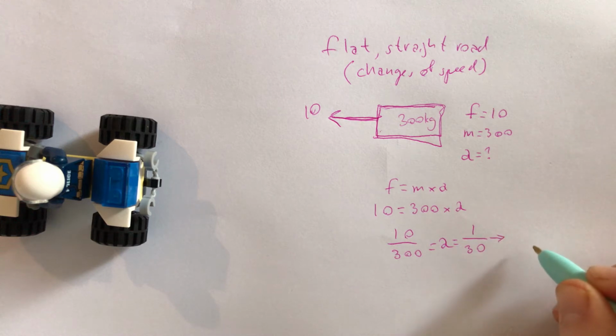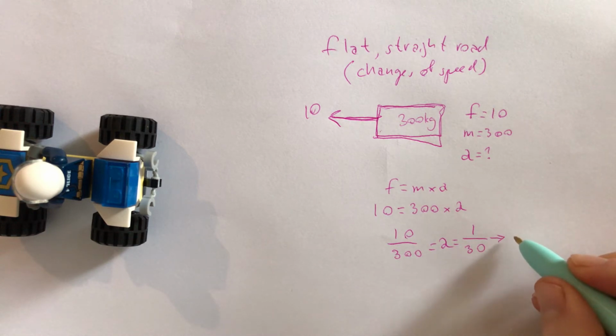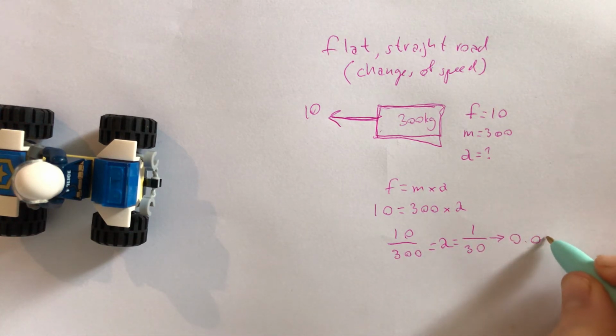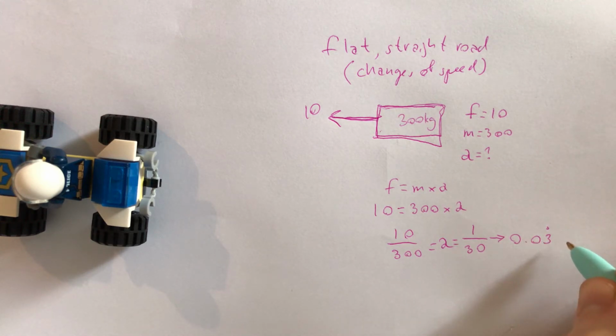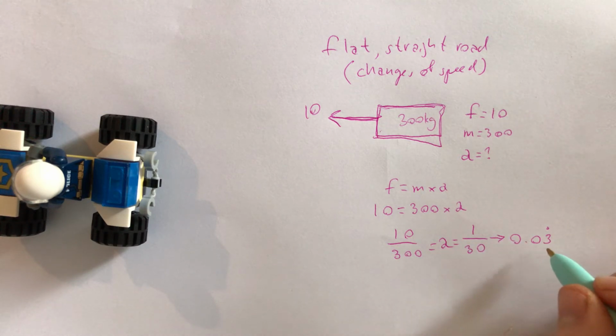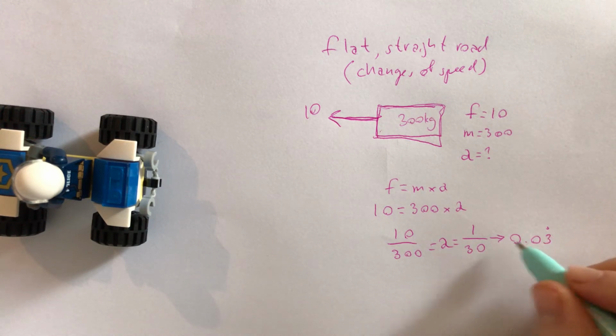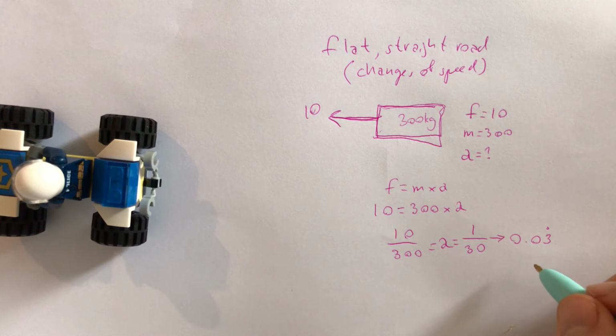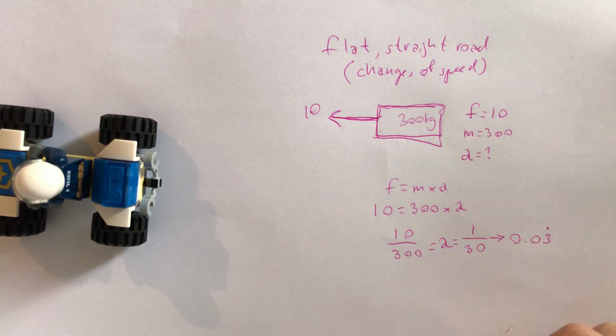Use a calculator, and that is 0.03 recurring, or 0.0333333, and so on. Don't leave it as a fraction, actually evaluate it, put it into decimal. That's what they seem to like. Anyway, so far so good.